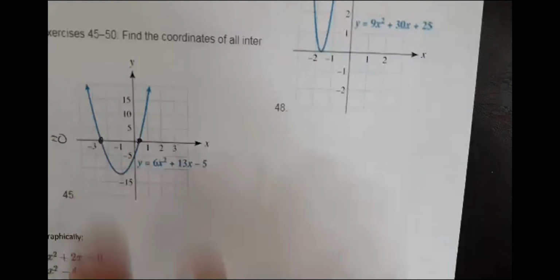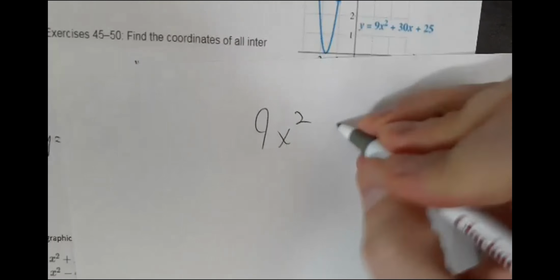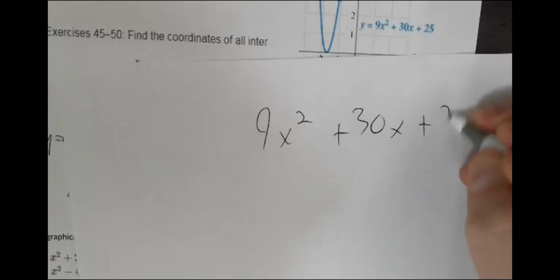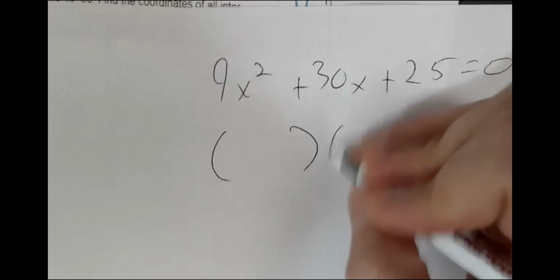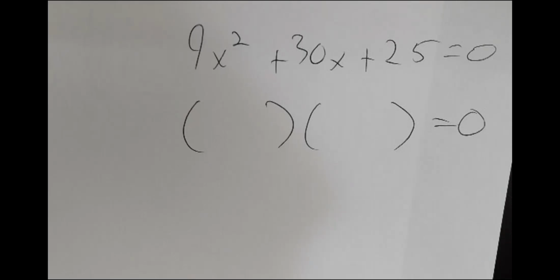Okay, so what about 48? And it should be very similar. So if we look at this thing, I'm hoping I don't have to spend a lot of time factoring this thing. It should be a perfect square, hopefully. So what does my perfect square look like on this one?